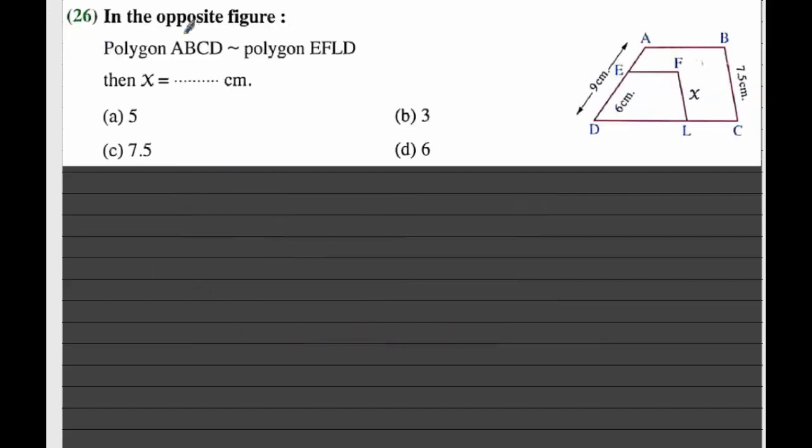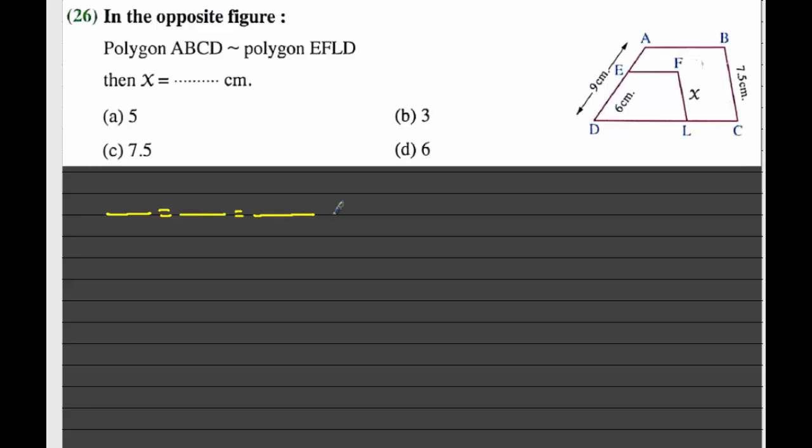Question number 26. In the opposite figure, polygon ABCD is similar to polygon EFLD. Then x equals, here the required is to find the value of x, and we can write as a result of similarity, the corresponding sides are proportional.